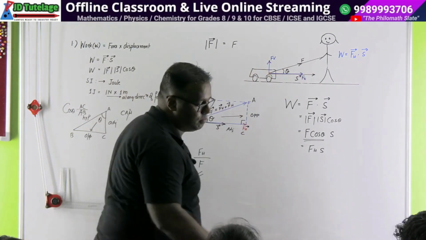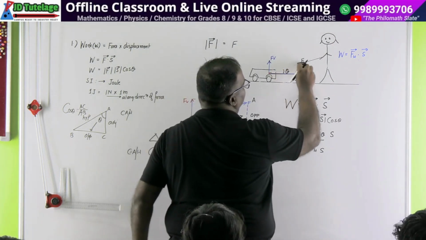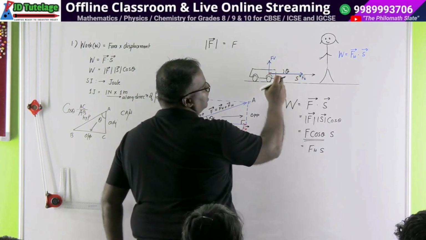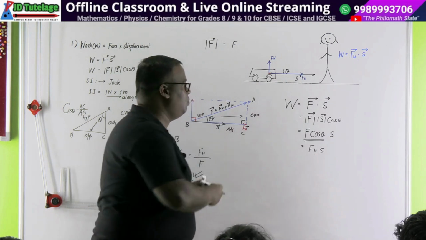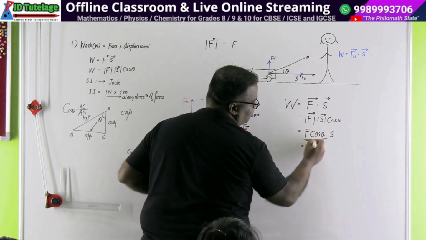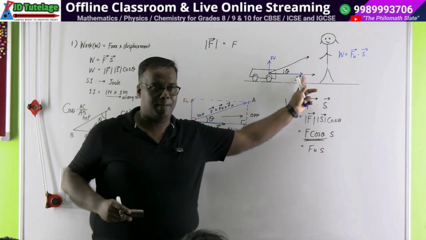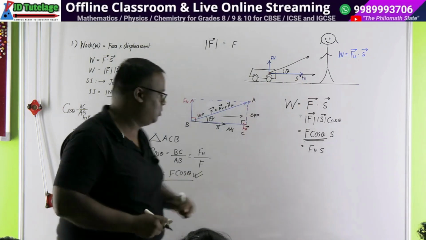Because in our diagram now, Zoe has disappeared. There is no more Zoe. Now this is the force and this is the displacement. Fh into S. If you want to keep this force, then please use the theta also. Multiplying by cos theta automatically gives you this. Did you understand this? We'll do more, don't worry.